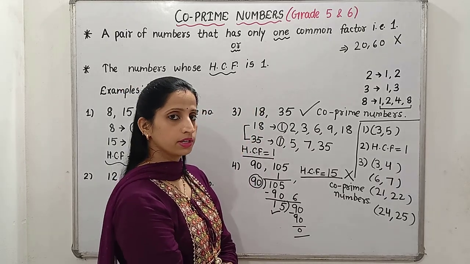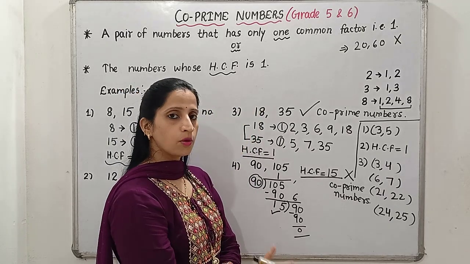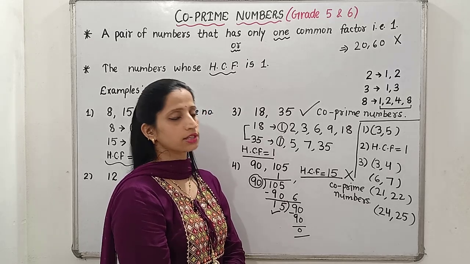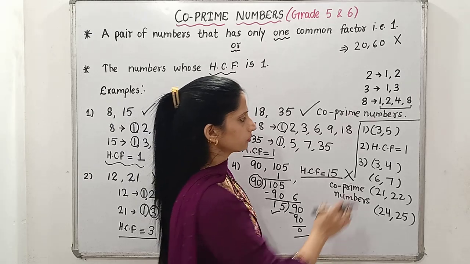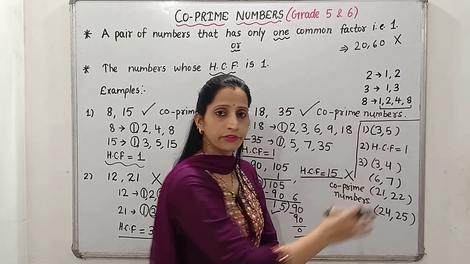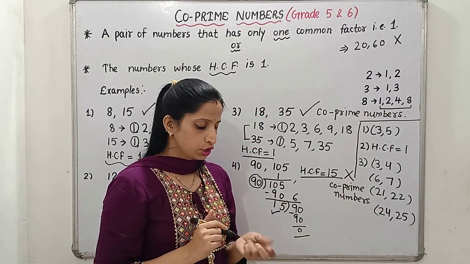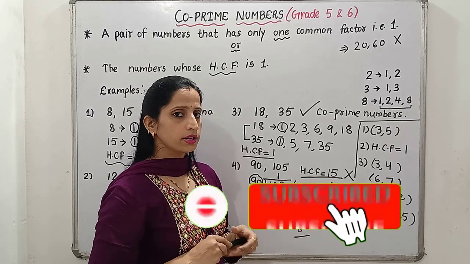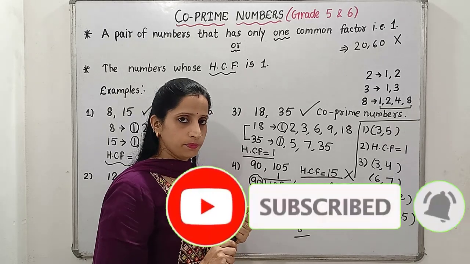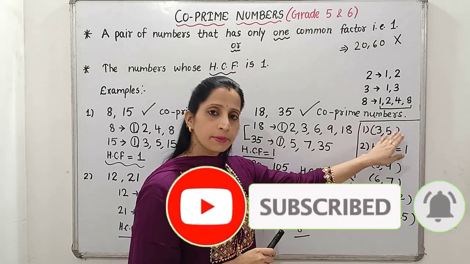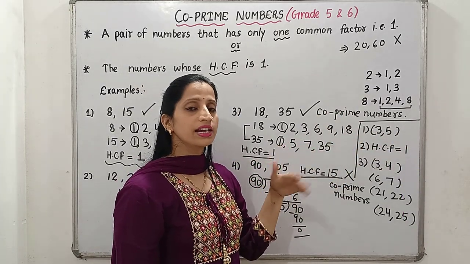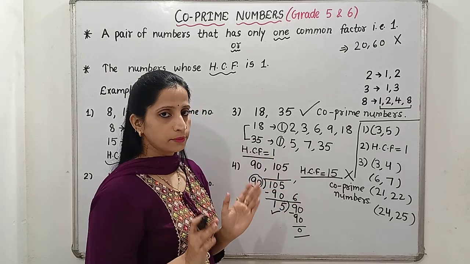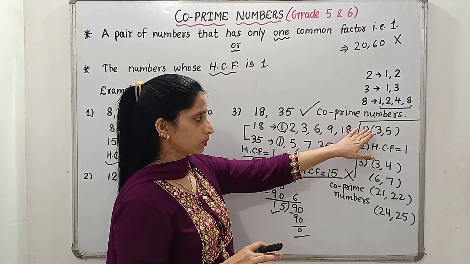This means if you are giving any competitive exam or there is some question in an exam and these types of pairs are given, then instead of writing the factors and wasting your time, you can just look for the properties. If in the given pair both the numbers are prime numbers, then you can easily identify that the pair is co-prime.